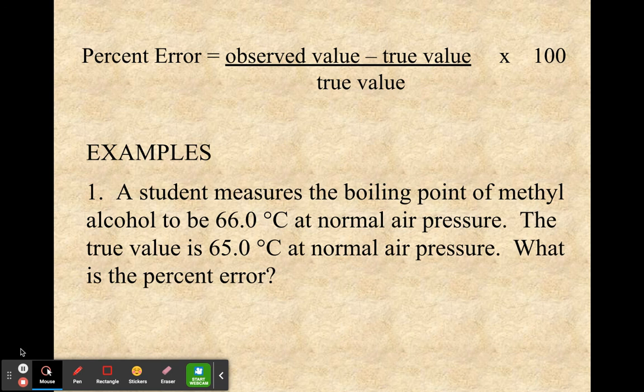So in this case, what is our observed value? 66.0 degrees Celsius. And what's the true? 65.0.